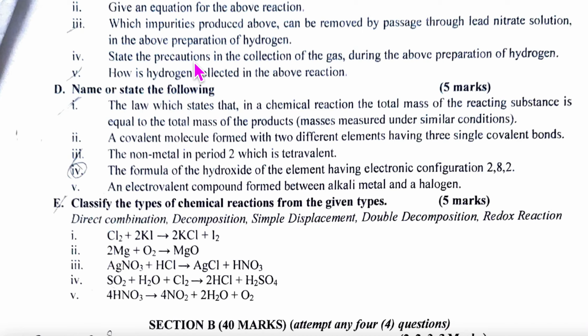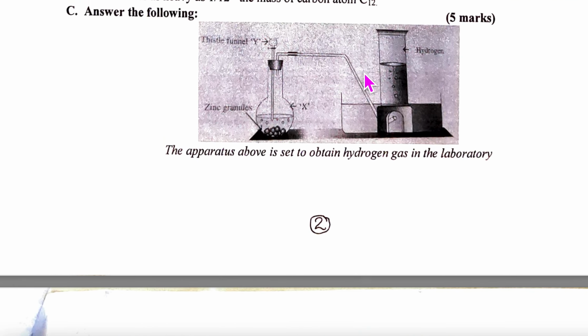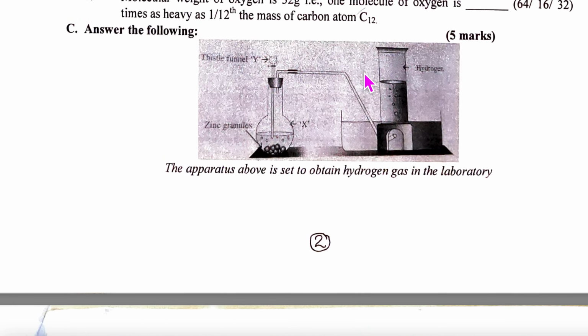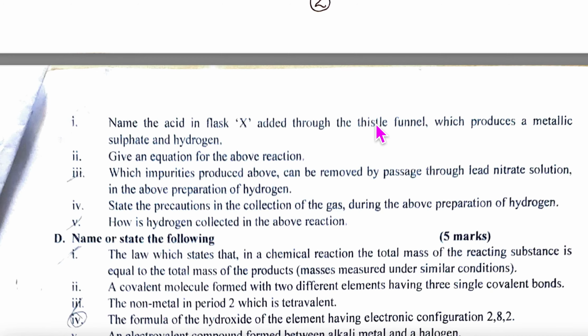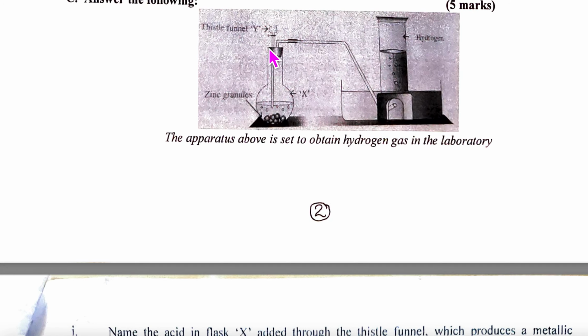Okay. State the precautions for collecting the gas. For collecting the gas, what precaution do you have to take? This has to be all airtight, correct or no? Because hydrogen air mixture is explosive, and this thistle funnel has to dip into the acid.